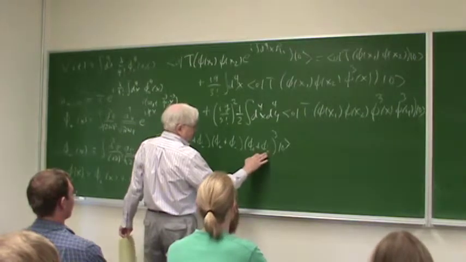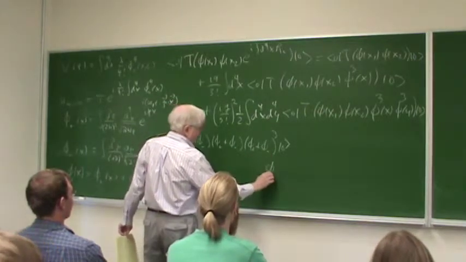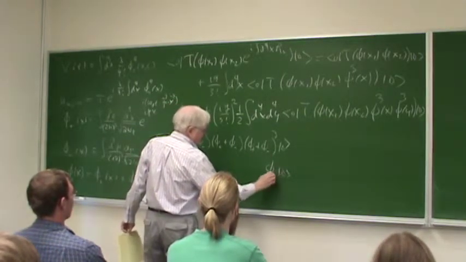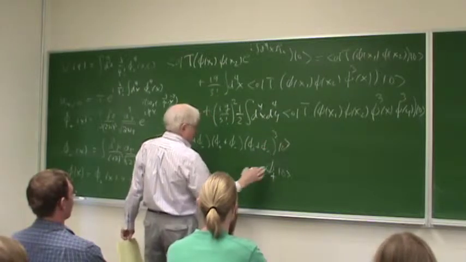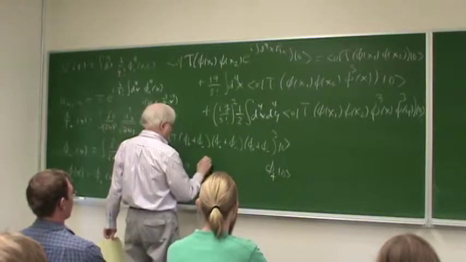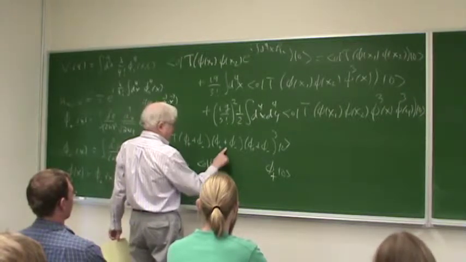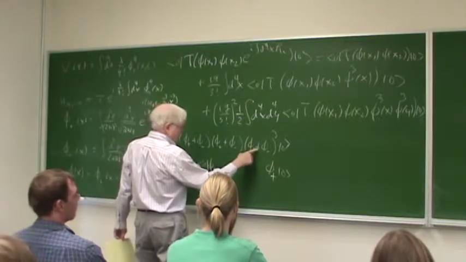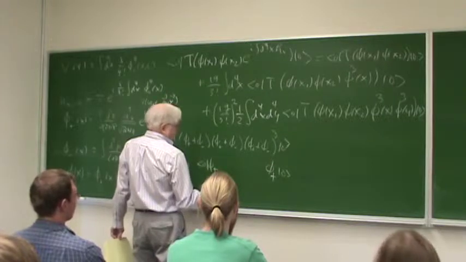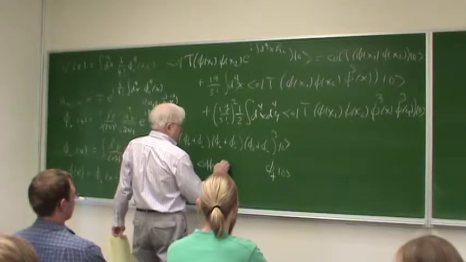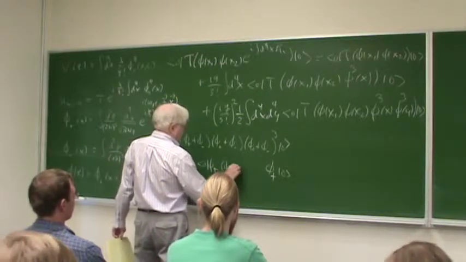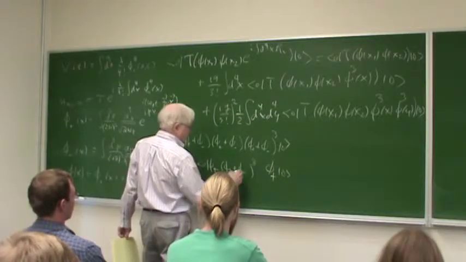The first factor can only be phi plus, because phi minus annihilates the vacuum. The last one can only be a phi plus. And now we've got this guy and two of those.